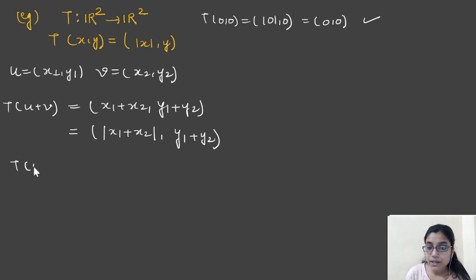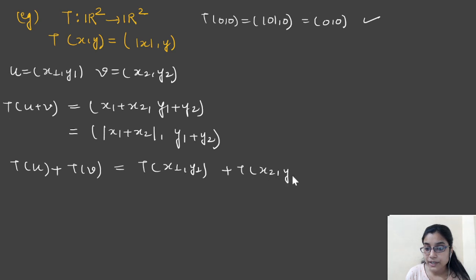Now if we evaluate T of u plus T of v, what are we getting? T of (x1, y1) plus T of (x2, y2). Now you observe one thing, this is your (mod x1, y1) and this is your (mod x2, y2).